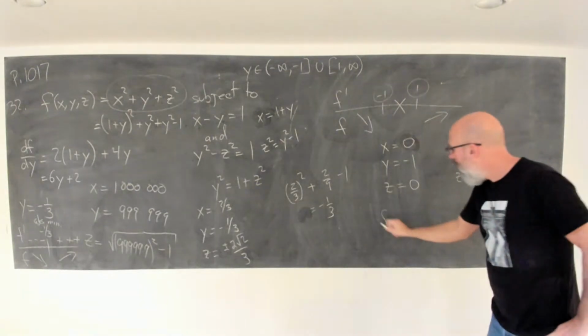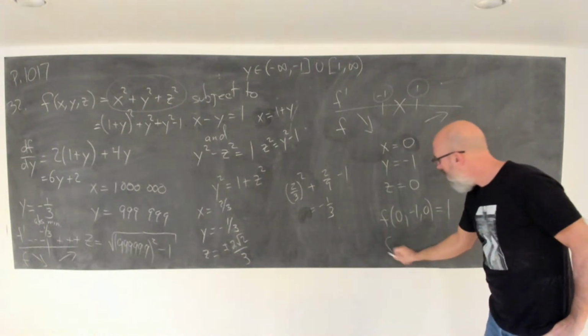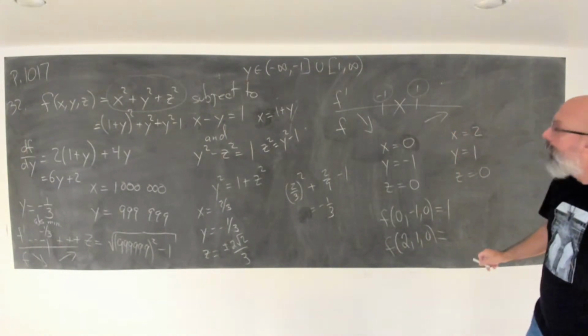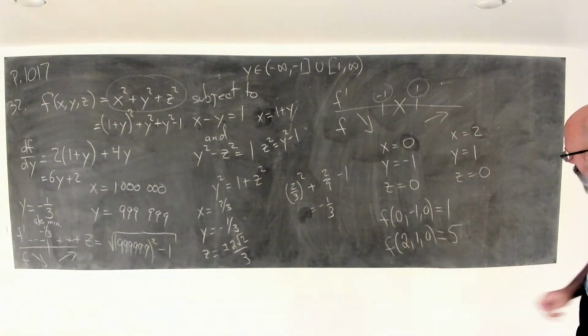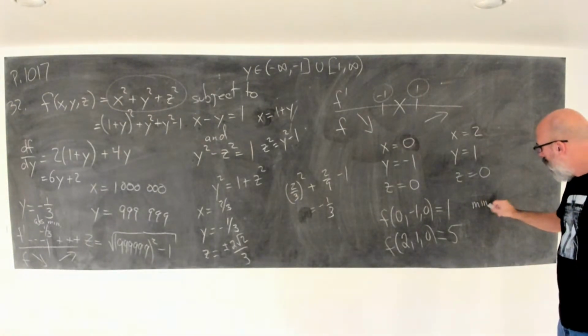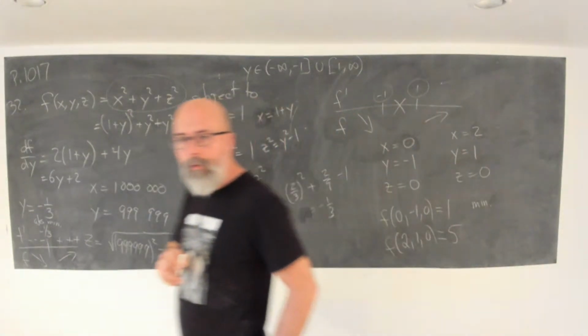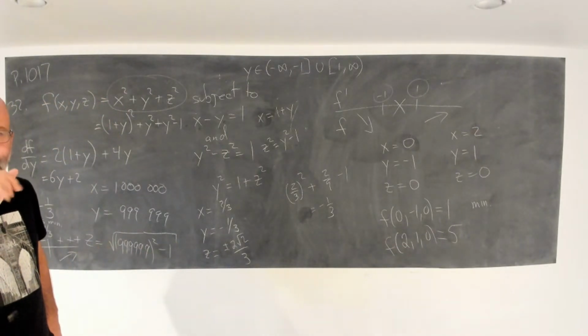So now f of 0, -1, 0 is 1, and f of 2, 1, 0 is 5. Were those the answers we had? I think those were the answers we had. There we go.